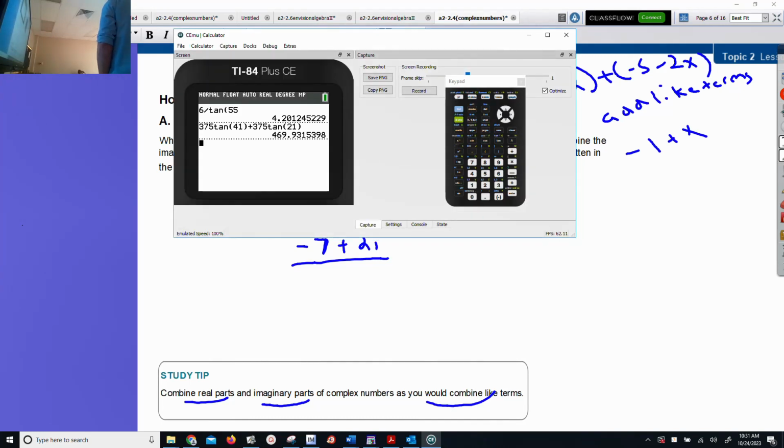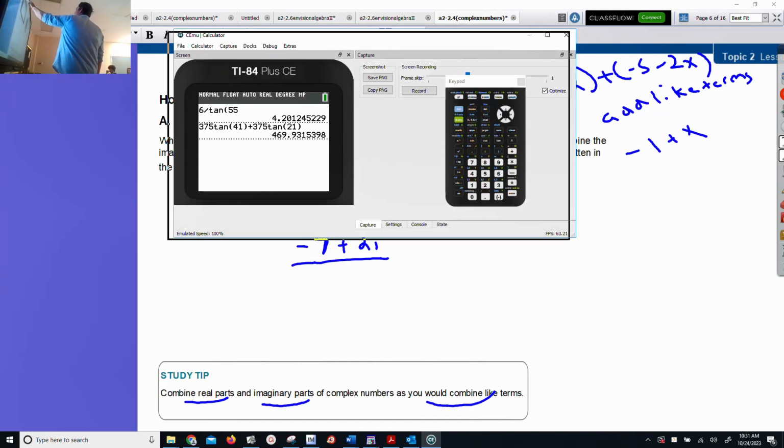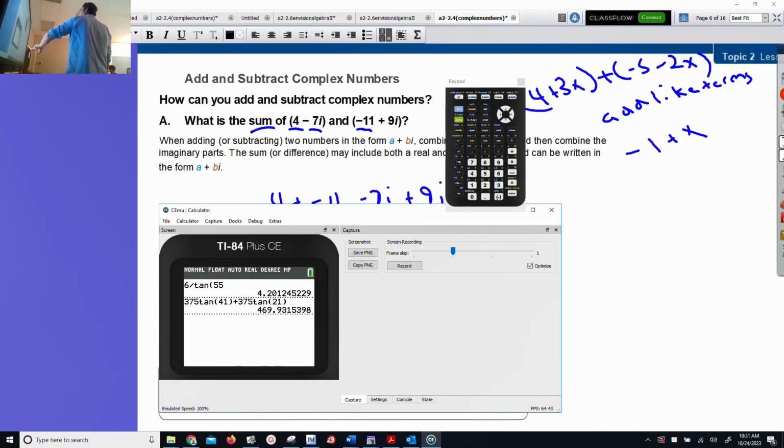What was the original question? 4 minus 7i. So parentheses 4 minus 7. If you look at your faceplate and look at the decimal key, what do you see in blue? i. So 4 minus 7, it's second decimal.